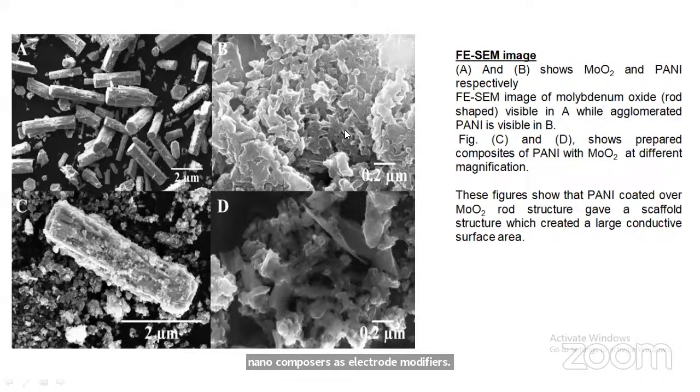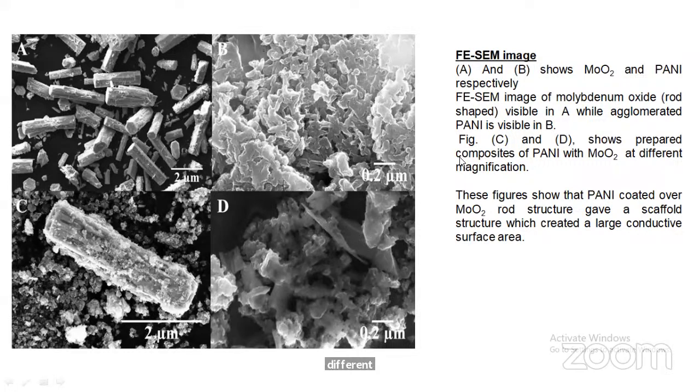Here, let us have a look at the FE-SEM images of these nanocomposites. So here we have molybdenum oxide and polyaniline in different magnifications.